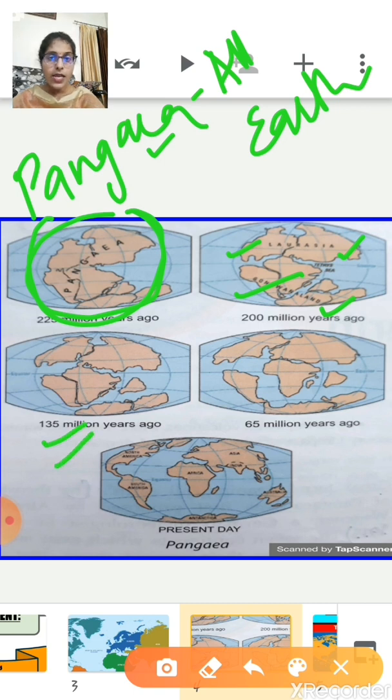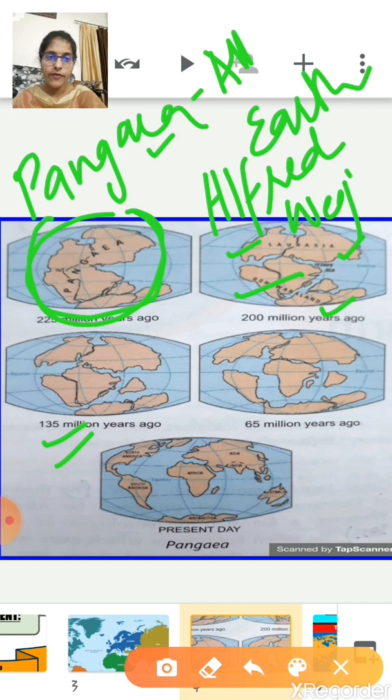Now the theory of Pangaea was first proposed by Alfred Wegener, right? Alfred Wegener was a German meteorologist and he proposed this theory in 1915.